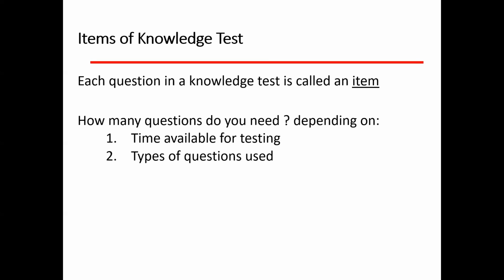Then we have to look at which types of questions we'll use. We'll talk about that a little bit later. Then you also have to think about the attention span of the students. If you're working with 7-year-olds compared to 14-year-olds, compared to 18-year-olds, compared to 20-year-olds, the attention span is very different between age groups, between content.